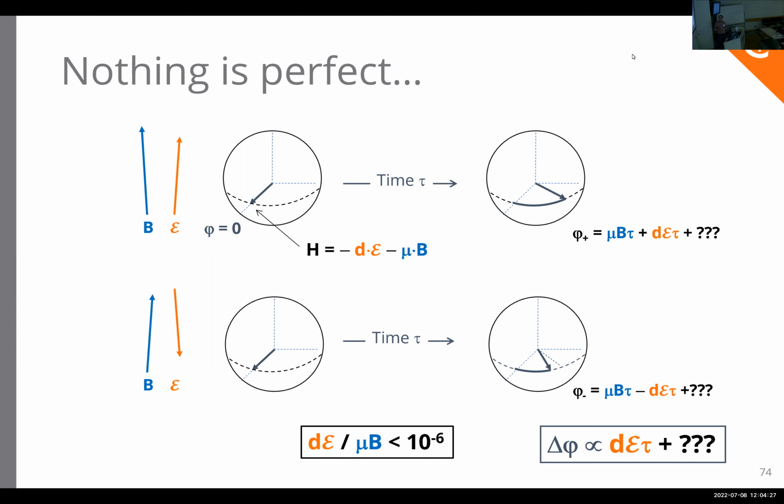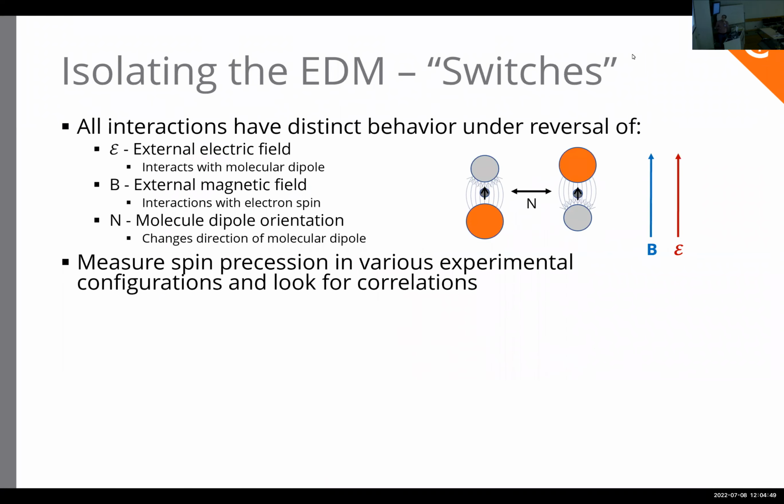And given that modern experiments are looking for electric effects, which are at least 1 million times smaller than the magnetic effects, you have to be very careful, and you end up hitting systematic limitations of how well you can reverse an electric field or a magnetic field. You can't do it infinitely well. But this internal comagnetometer trick gives you another handle, a data analysis handle, to subtract away a lot of those effects.